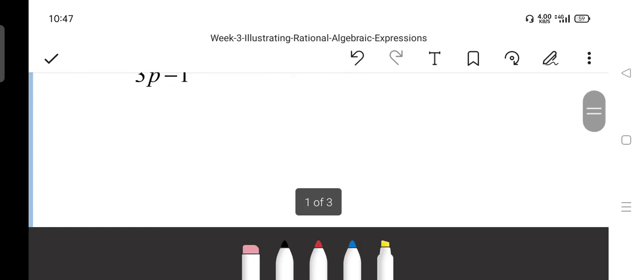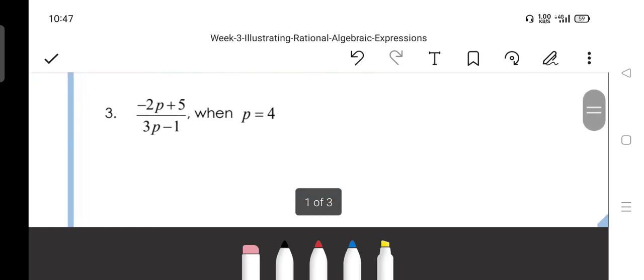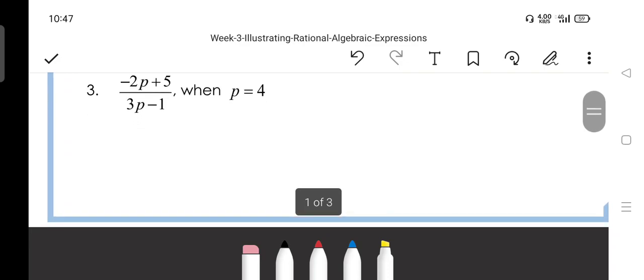Then let's proceed to our example number 3. We have negative 2p plus 5 all over 3p minus 1 when p is equal to 4.